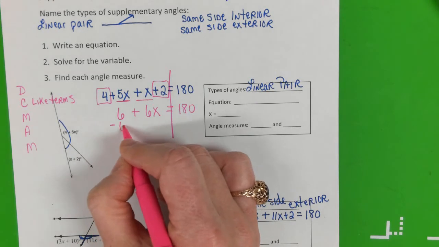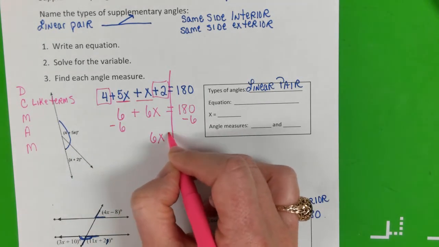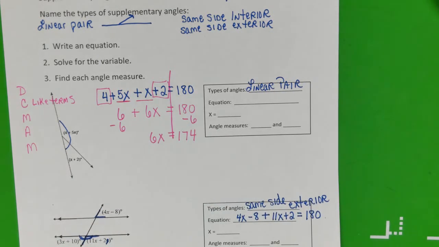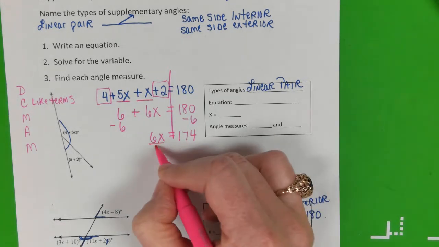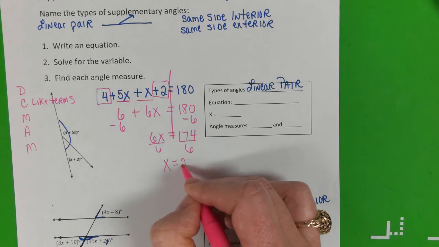Now I'm going to move my constant by subtracting it. 6x equals 174, and I don't know what this division is, so I'm going to pick up my calculator and divide 174 divided by 6. And that gives me x equals 29.